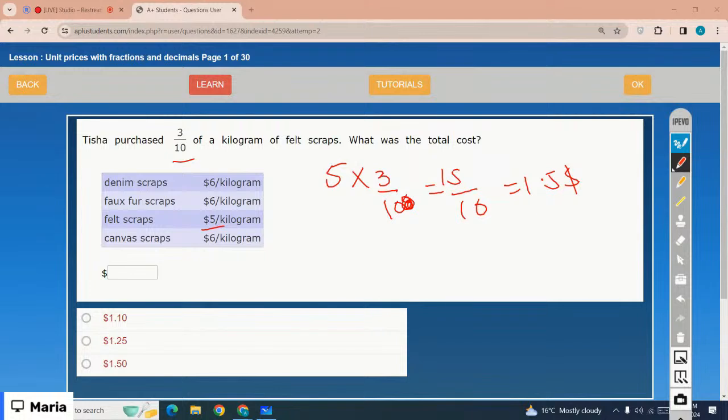That means if she buys 3/10 of a kilogram of felt scraps, the cost equals $1.5, right? So the correct option is $1.5.